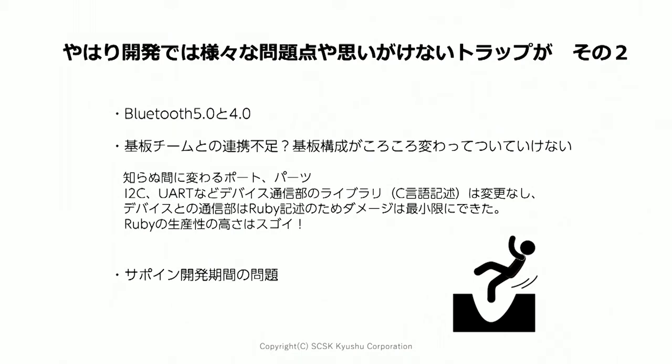If you write applications, the PC does not support Bluetooth 5.0. So you use 4.0 first, and then verify the operation, and then move on to 5.0. And the board team changed the parts and components so frequently, so the communication is not so properly done.